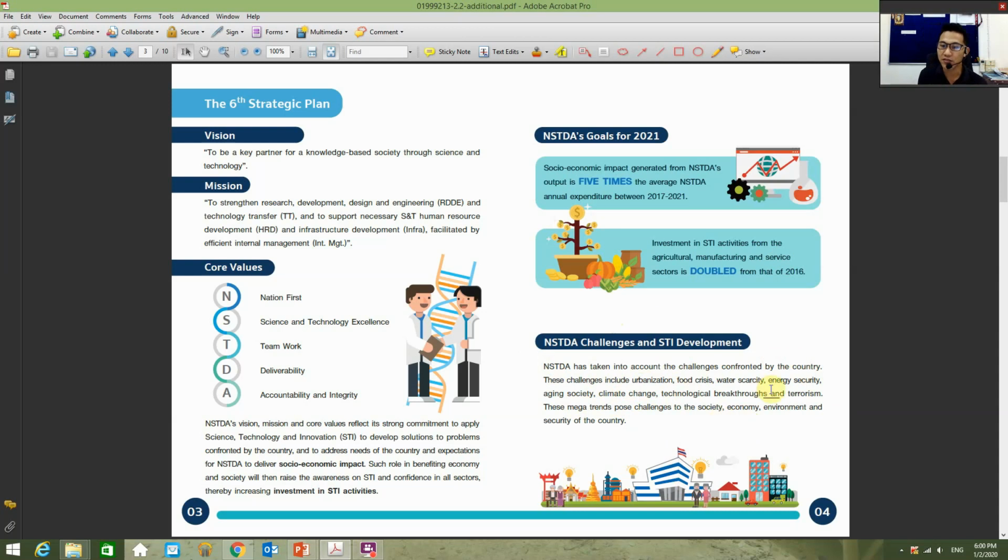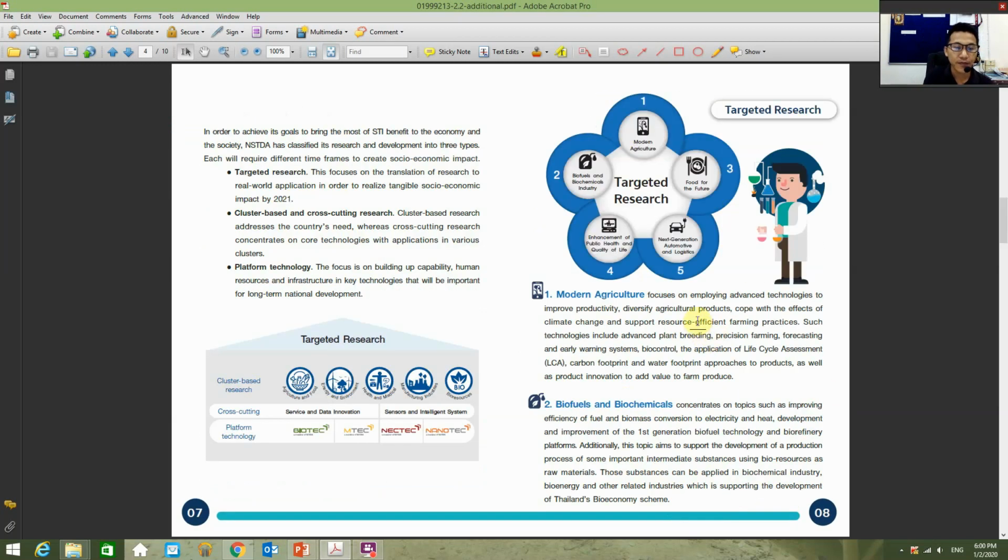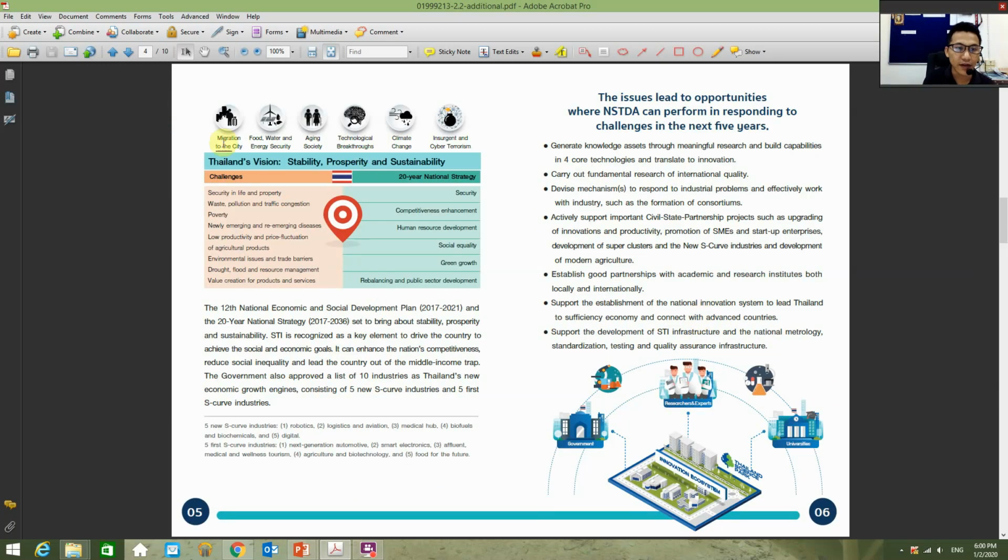These are all kinds of challenges that we have, which is why we would like to reach the goal. Okay, and I'd like you guys to take a look here a little bit. This is our nation vision, which is stability, prosperity, and sustainability. You see the word sustainability is still there? Because we would like to have it all good, balance everything out.